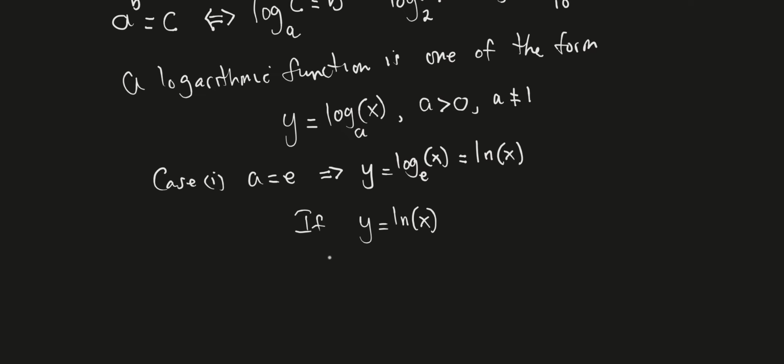If I took e, which is my base, and raised it to the power y, and did the same on this side, e to the natural log of x, because these are inverse functions, I have that x is equal to e to the y. Therefore, e to the y is equal to x.